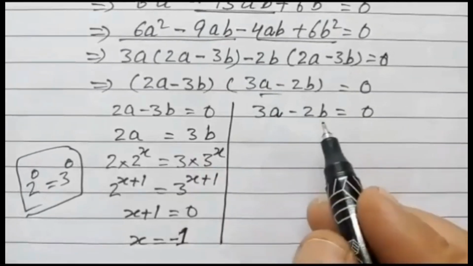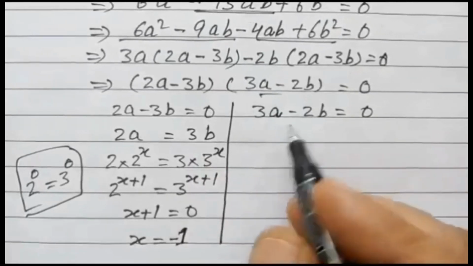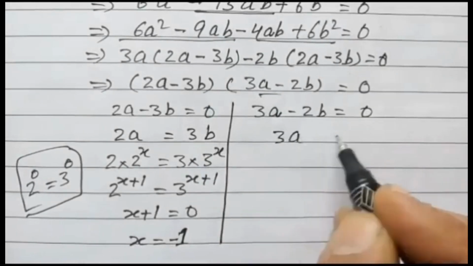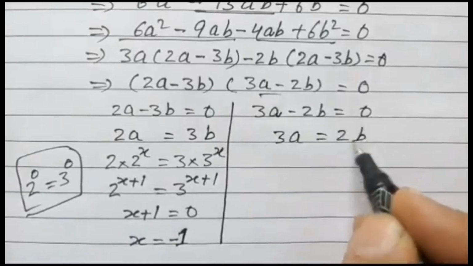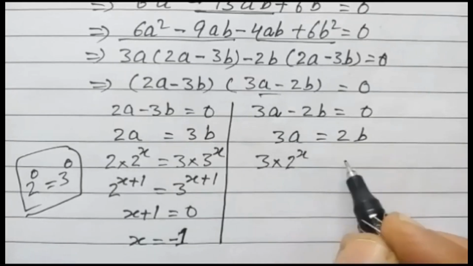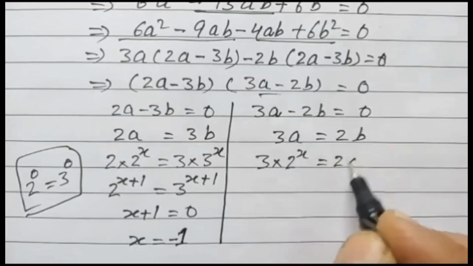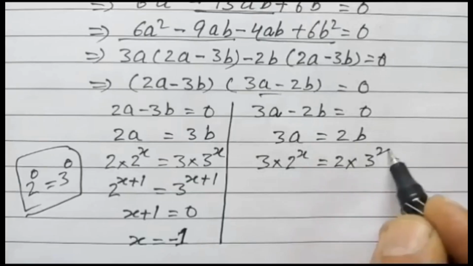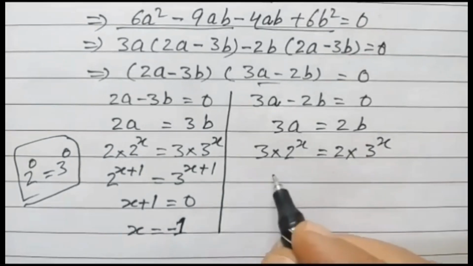right? If we go with this, 3a is equal to 2b. 3a, we have assumed 2^x, is equal to 2 into b as 3^x, right?